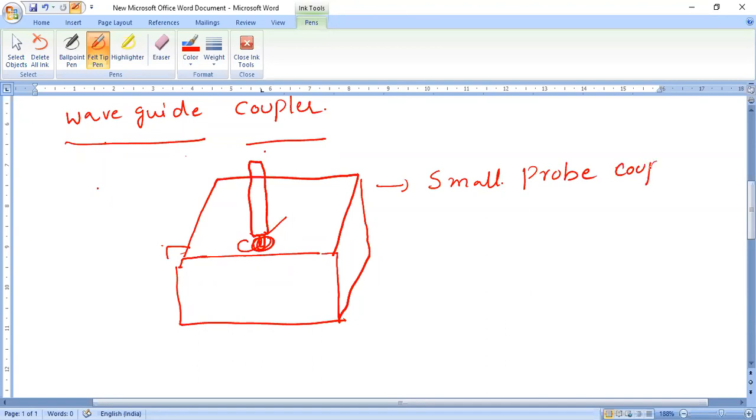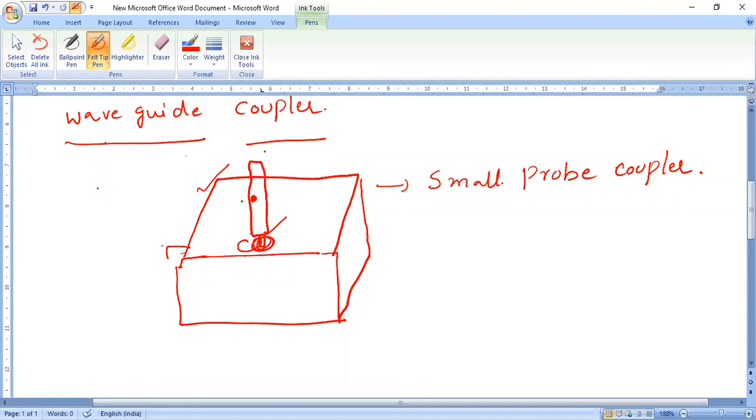This small probe coupler uses the small probe in the figure I am showing. It consists of an inner conductor and an outer conductor. The inner conductor is penetrated inside the waveguide wall so that the signal can be fed into the waveguide.